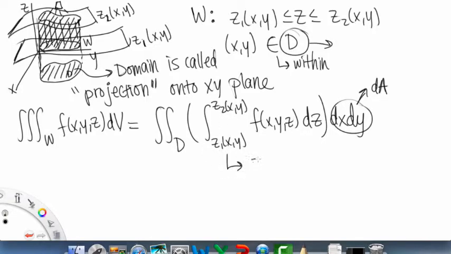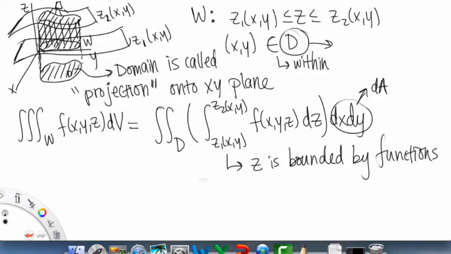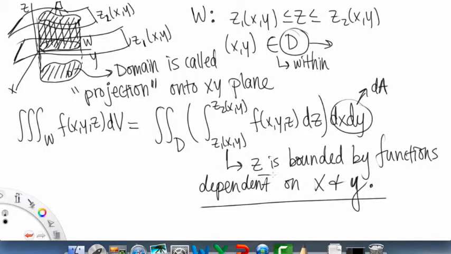So z is bounded by functions dependent on x and y.